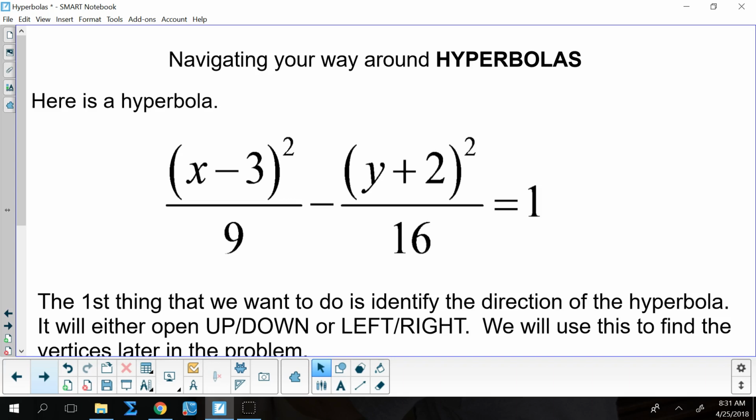Based upon the two formulas that you just wrote down, is this a left-right or an up-down? It's a left-right because the x squared term comes first, or because we're subtracting y squared. So this is a left and a right. So this hyperbola is going to open to the left and to the right.